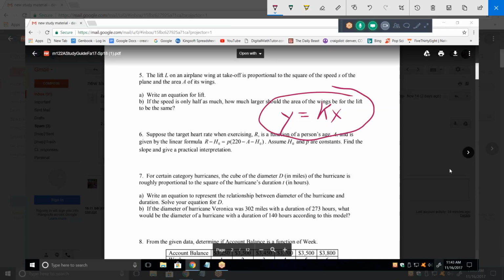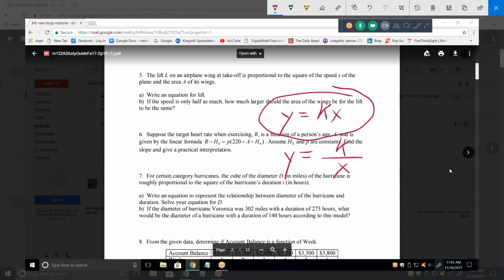If I say y is inversely proportional to x, then x is going to be in the denominator, but I still have a k in the numerator. And k will be different for every one of these problems. You can think of 1,000 different things that are directly proportional.